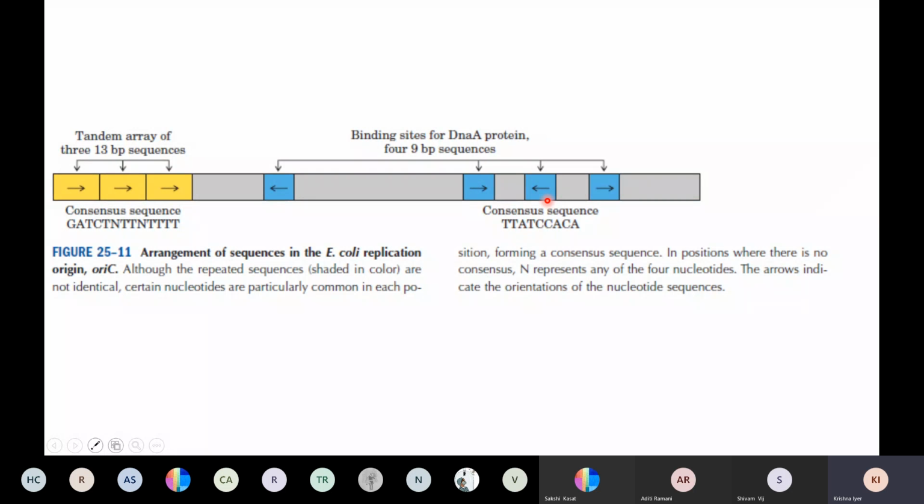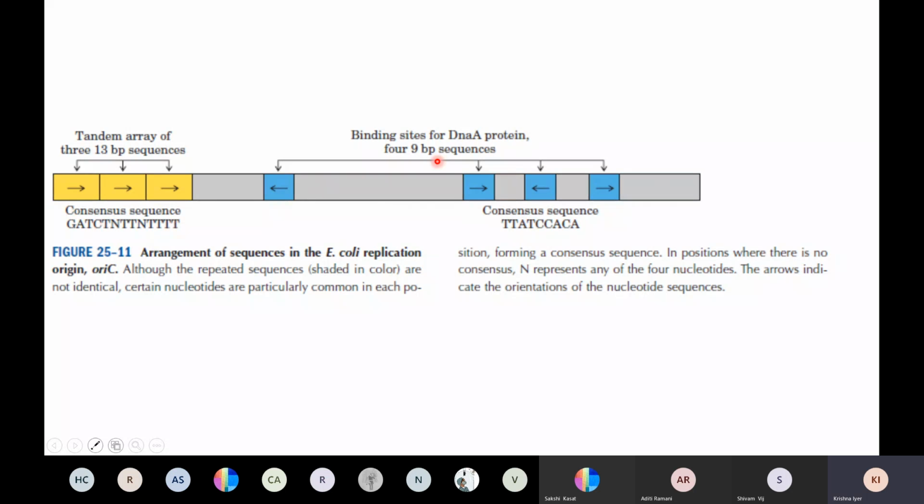See this arrow, what it indicates is this sequence oriented in this way or exactly the opposite way, but that doesn't really matter. There also, out of 9, 6 of them are AT. As I said, this is the binding site of the DnaA protein, which binds to here relative to this site. Is that clear?